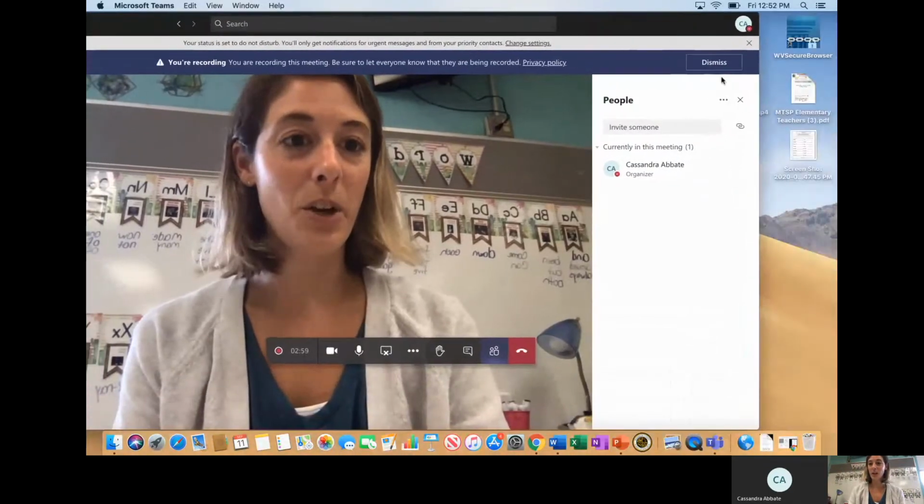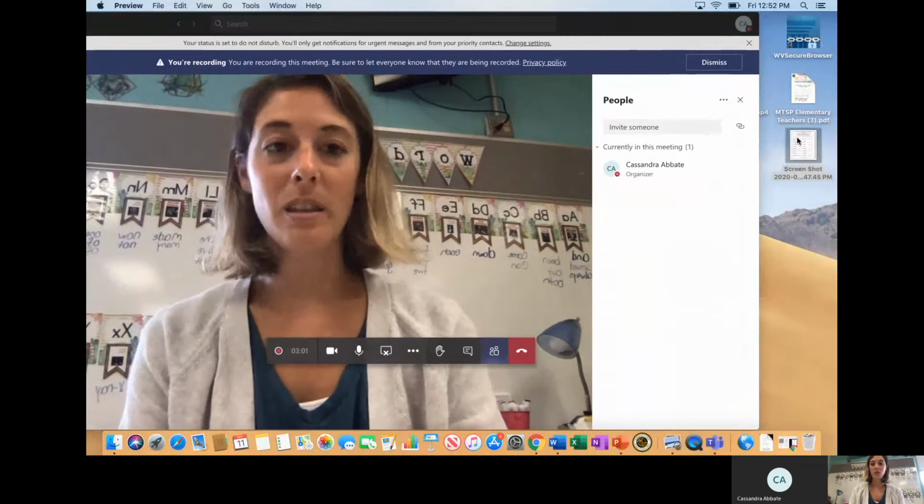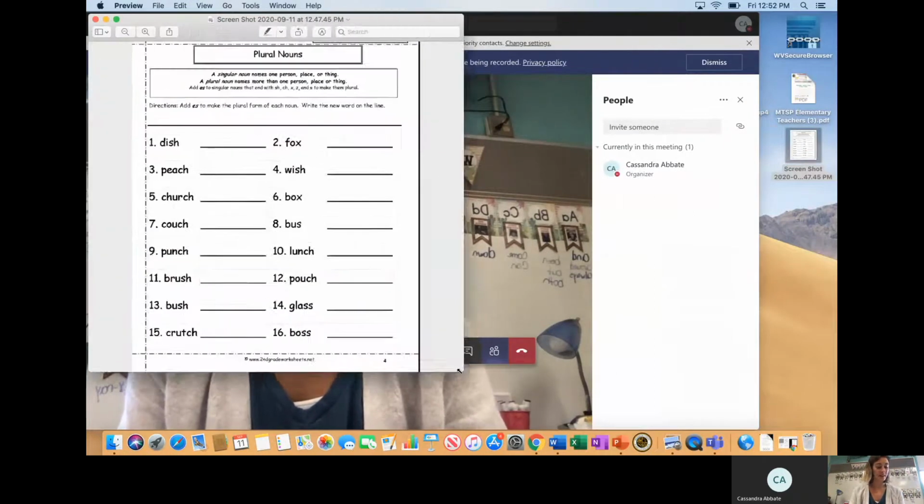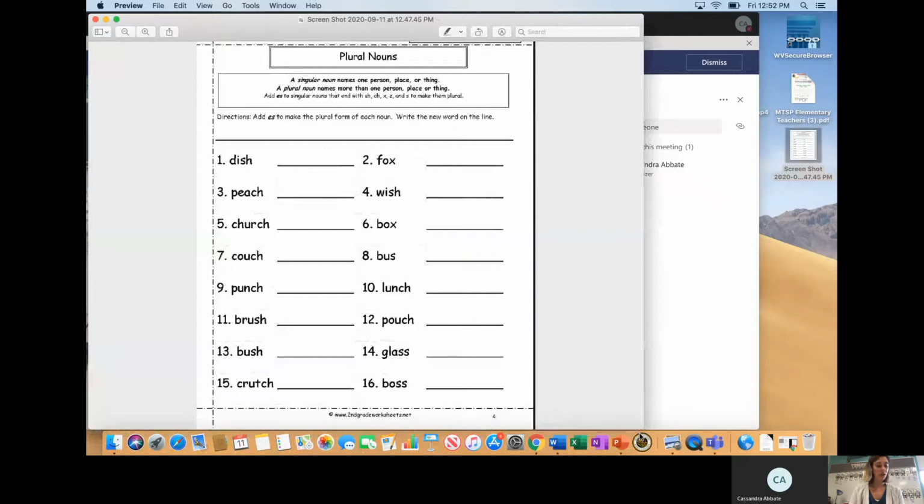All right, so I'm going to pull up this worksheet that we are going to work on together today. Let's remind ourselves that a noun names a person, place, or thing. So a singular noun is one person, one place, one thing, or one idea.